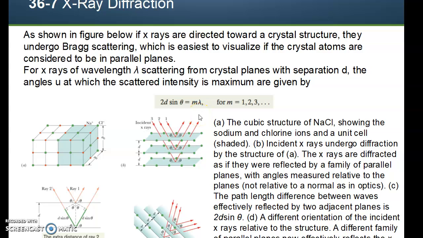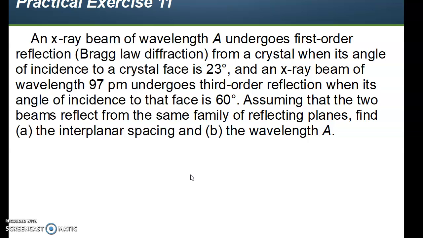So what you're looking at here is the d sine theta. You are talking about the distance between the different packing here, different layers of the plane. For example, this is exercise number 11, which is problem number 65.